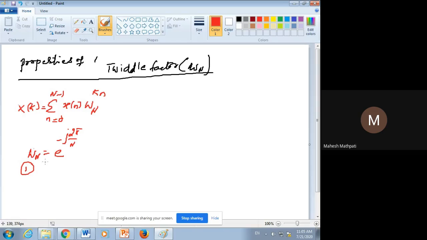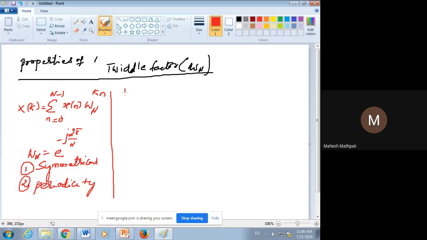One is the symmetrical property, and the second one is the periodicity property. With these two properties, the FFT will reduce the calculations. So let us see them one by one.